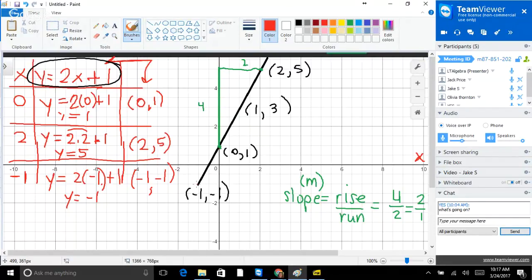If I rise 2, 1, 2, I run 1. If I rise 2, 1, 2, I run 1. Rise 2, run 1. So that's how that all kind of comes together. And then the last thing that we talked about, okay, so any questions about slope? Slope just, that makes sense? Okay.